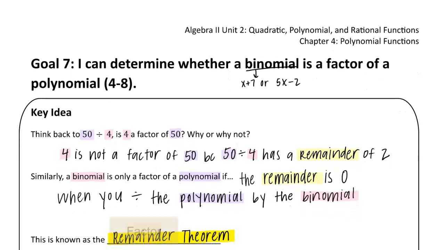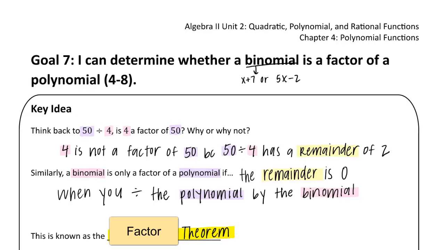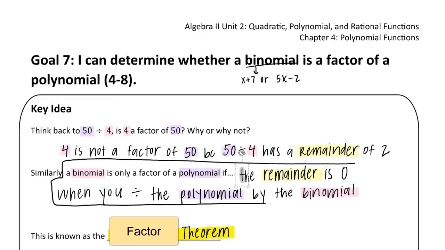This idea is called the remainder theorem. This whole thing that says a binomial is only a factor of a polynomial if when you divide it, the remainder is 0.